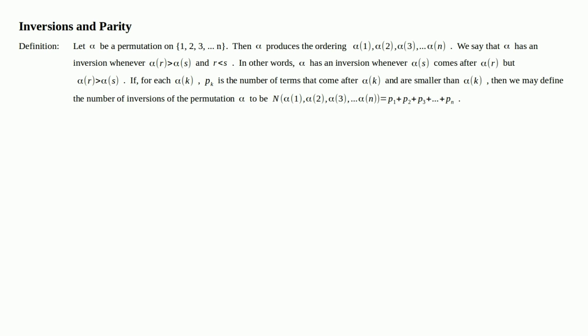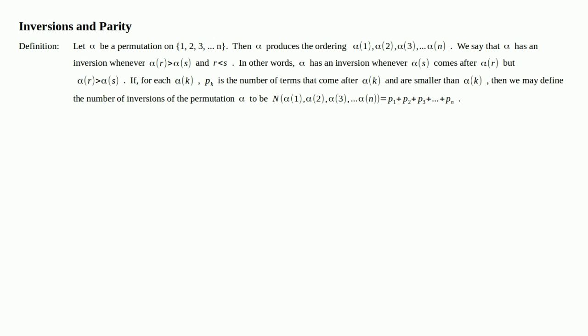If for each alpha of k, p sub k is the number of terms that come after alpha of k and are smaller than alpha of k, then we may define the number of inversions of the permutation alpha to be n of that ordering of 1 through n equal to the sum of all those p's, p sub 1 plus p sub 2 plus p sub 3 and so on.